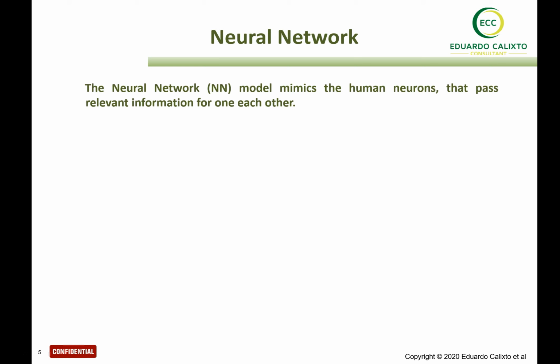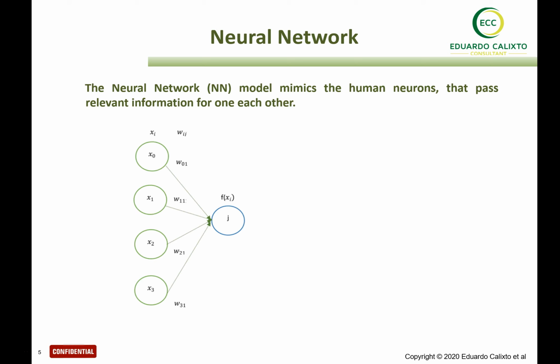Let's remember the neural network because it's a very important concept that will be applied to the convolutional neural network. So a neural network, as a beginning, mimics the human neurons that pass relevant information to each other. Basically we have a very simple configuration of a neural network with the input layer and the output layer.